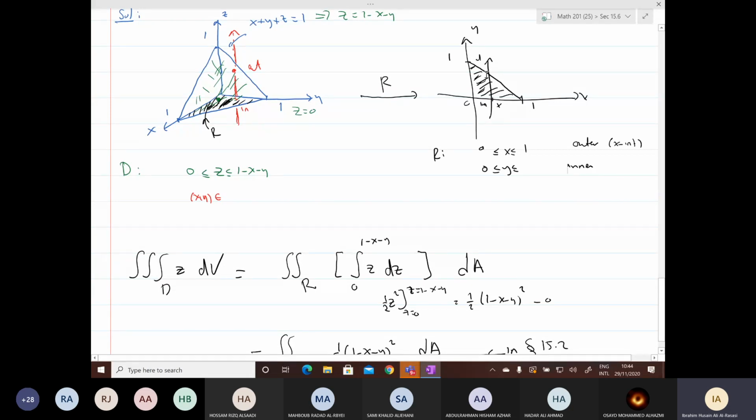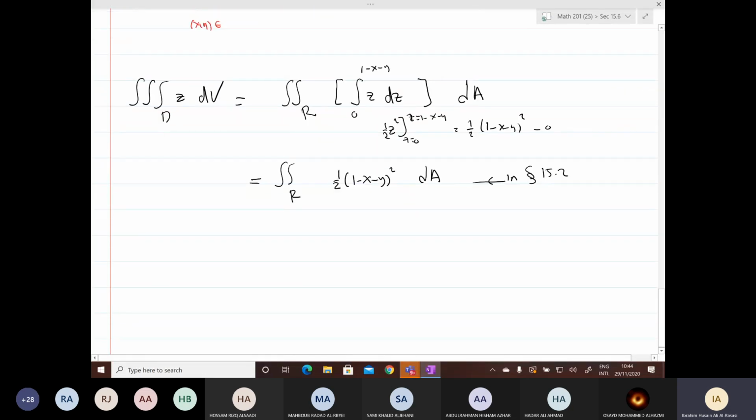What is the upper? This line. What is the equation of this line? If you have the 2 points, (1,0) and (0,1), you can find the equation of the line. This is x plus y equals 1, so y equals 1 minus x. So 0 to 1 minus x. It is a line, you can find the equation easily. So the lower curve, the upper curve, but these are the limits of y. So now I write the following here.